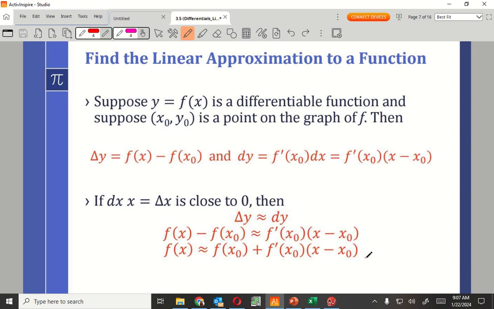This is basically the slope formula, or the point-slope form. So this is how we approximate, and you're going to use this formula down here on the bottom to do some of these approximations.